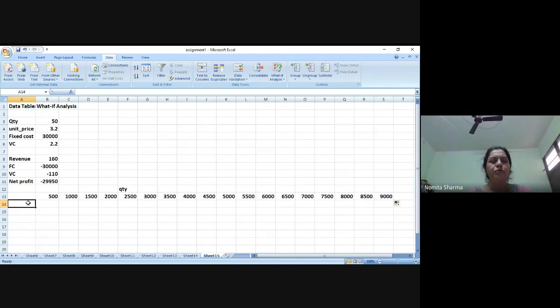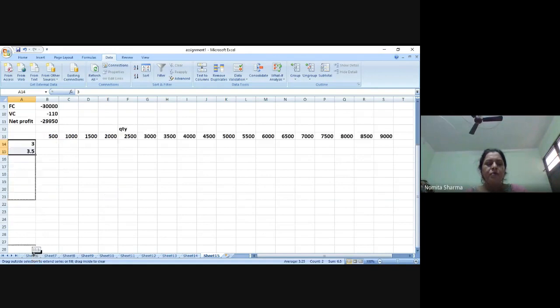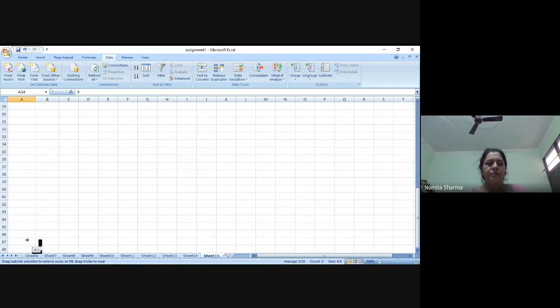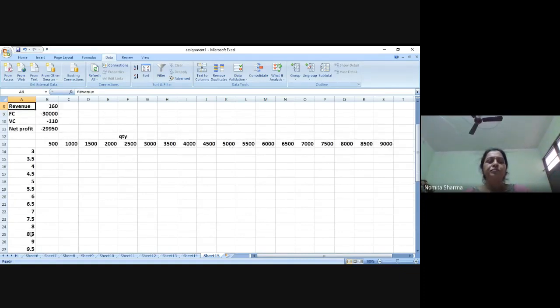I started out with 3.2, so let me take 3.5, and let me drag this further down to have the right combination of the two variables. The unit price has gone till 21, but that's okay. That's what the data table is for. It's going to tell us the different combinations that we can use for quantity and unit price. Accordingly, we can put that.